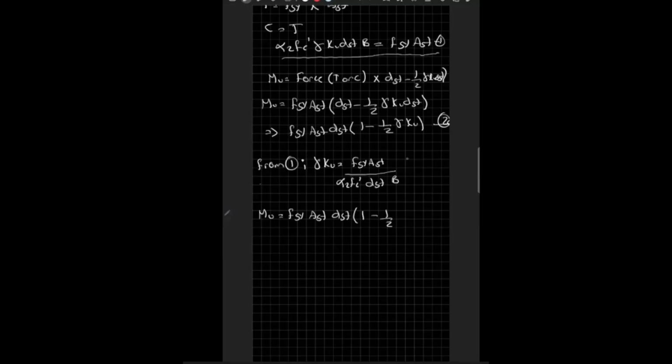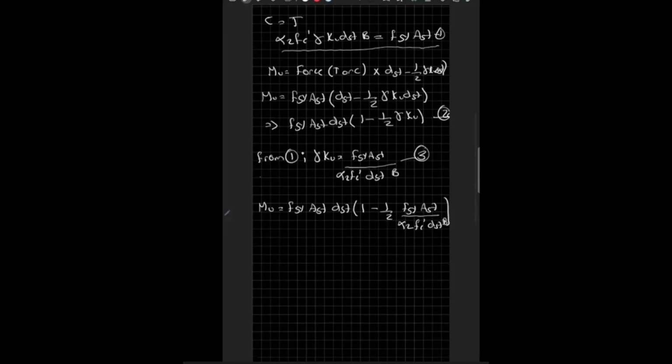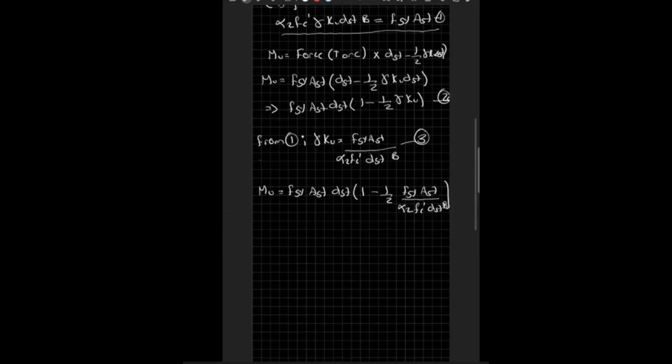Actually, we might even call this equation 3, so we can be pretty consistent. Half Fsy, area of steel, divided by alpha 2 Fc dash dst times B. Close the bracket. And that's it. That's the derivation. This is as simple as that.